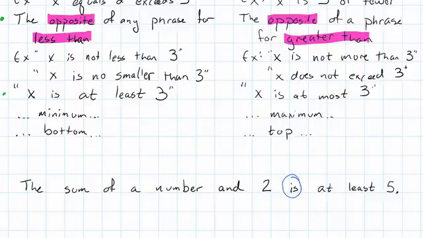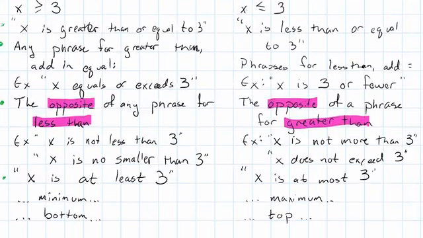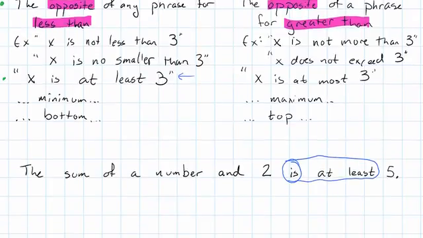And I see this verb is at the beginning of the phrase: is at least. Is at least is one of my phrases meaning greater than or equal to. And so I'm going to write a sentence including greater than or equal to.